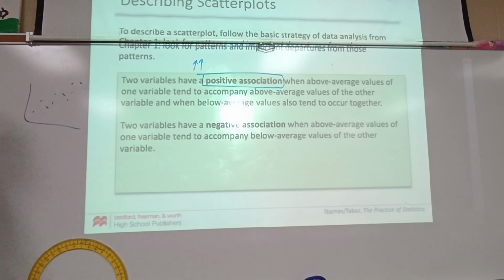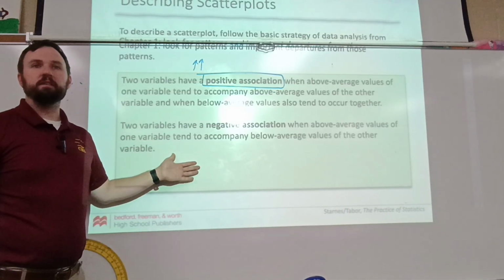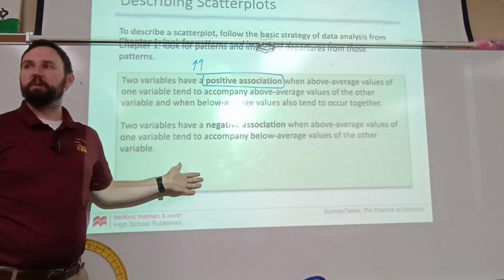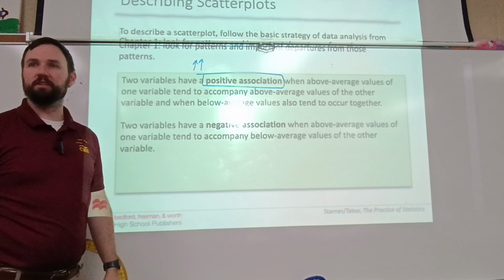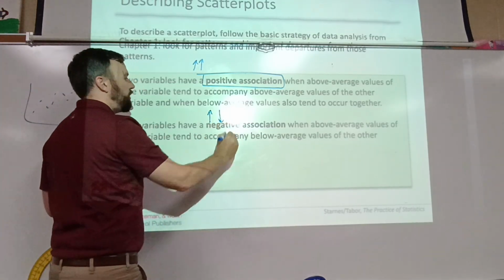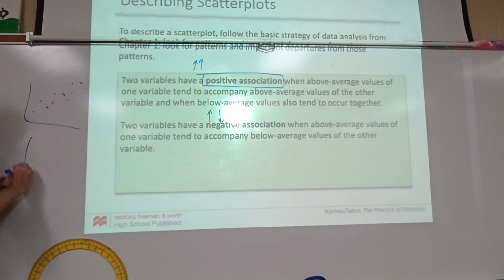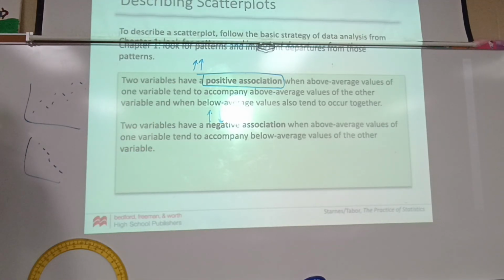For example, the amount of fishing rods I buy compared to how much money is in my bank account. What happens to the money in my bank account if I keep buying stuff? It goes down. The more I buy, the less money I have, right? If I were to plot that, it'd be downwards. Positive slope, negative slope. We're just using different terms because we're using two variables. We're showing an association.